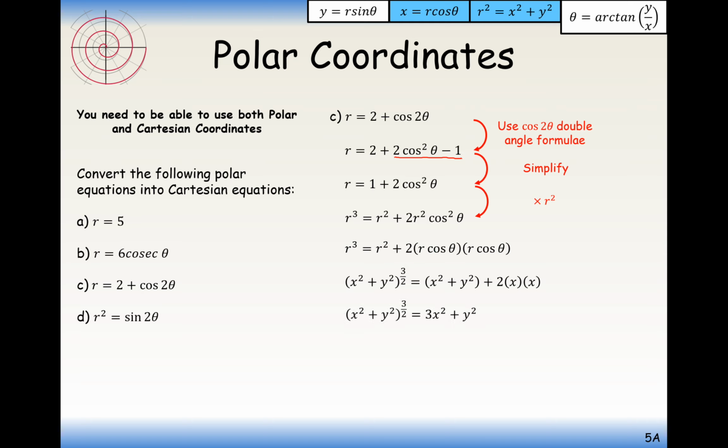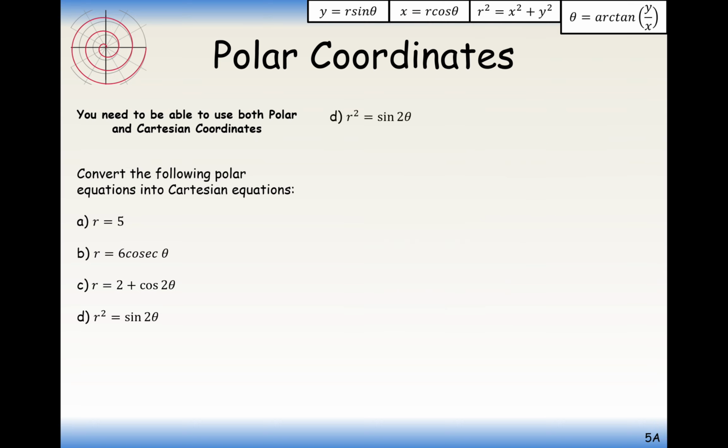And if we tidy this up, this would be the final answer here. x squared plus y squared to the power of 3 over 2 equals 3x squared plus y squared. It's a Cartesian equation. What makes it a Cartesian equation? Well, it's just the presence of the letter x and the letter y without the presence of the letter r or theta.